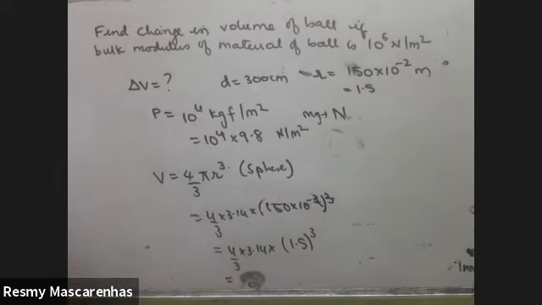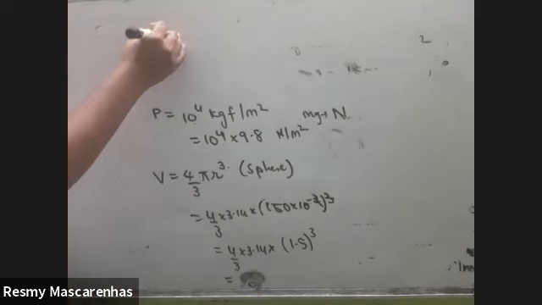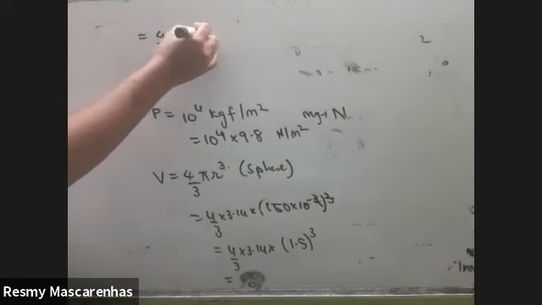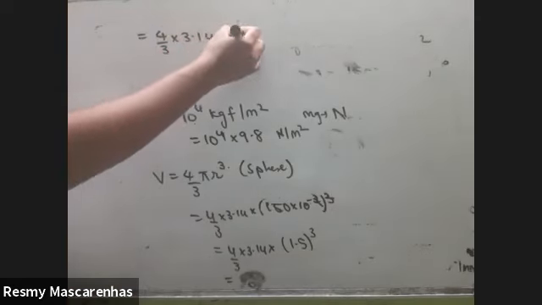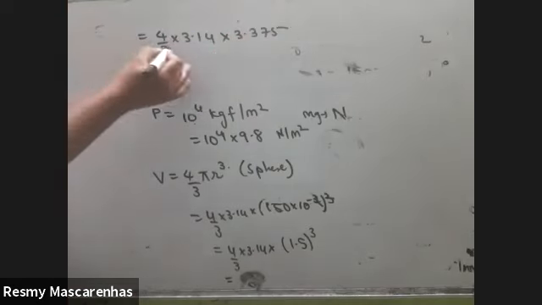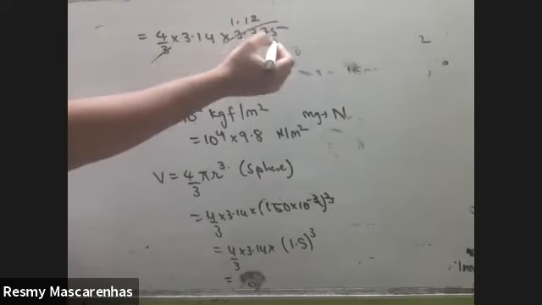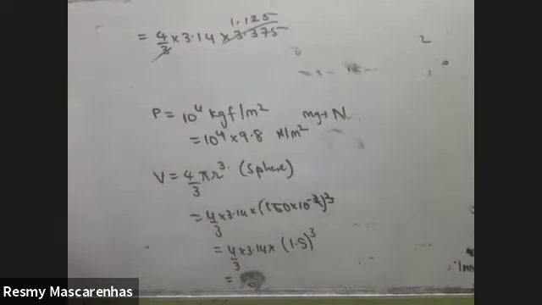Write it on top. Here it will get cancelled. 3 ones are 3, 3 ones are 3, 3 twos are 6, 3 fives are 15, into 4 into 3.14.